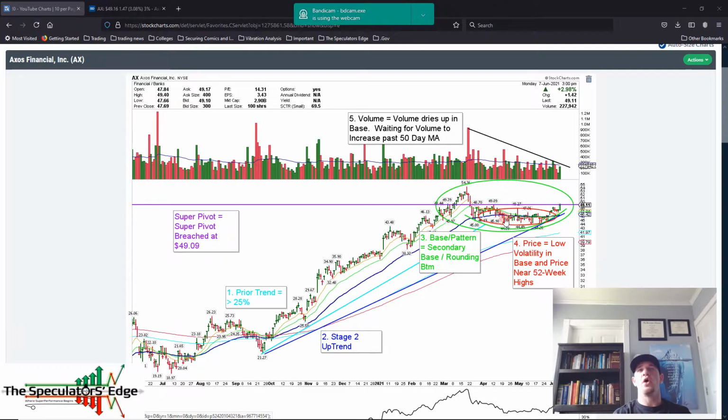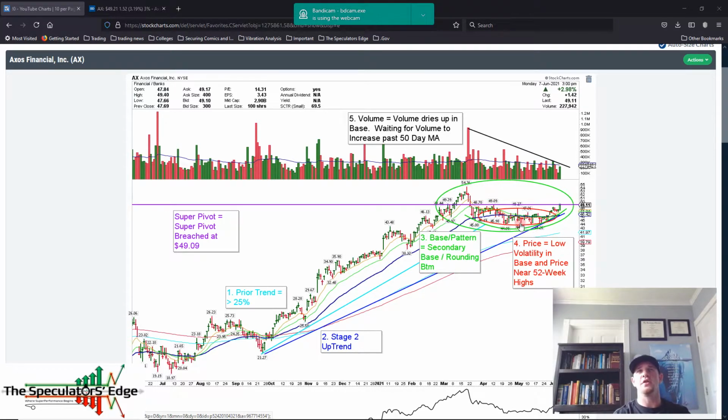So what we're looking for next within this base and this pattern, or within the stock price itself, is low volatility. And low volatility is just a contraction in price itself. As you can see, within this base, where this red circle is, there is a lot of price contraction.